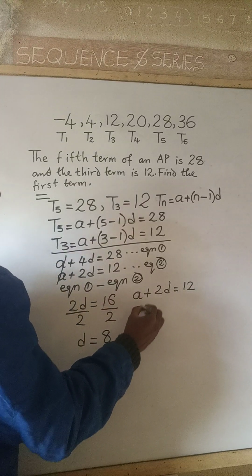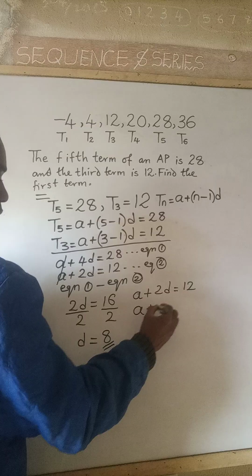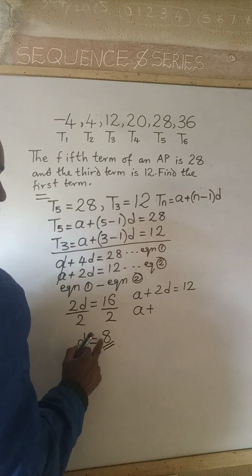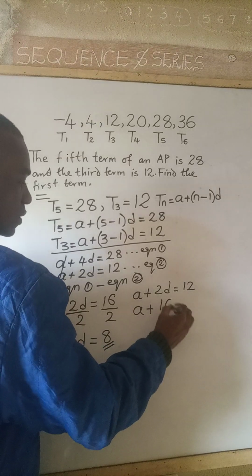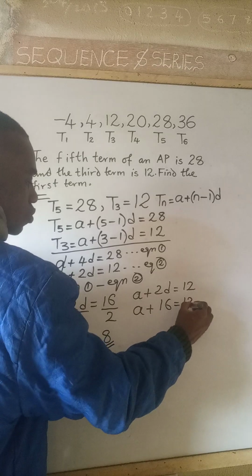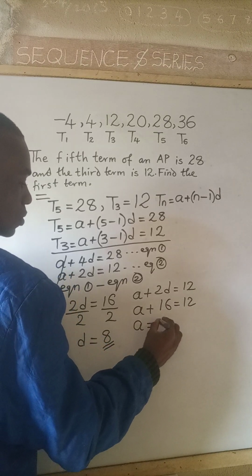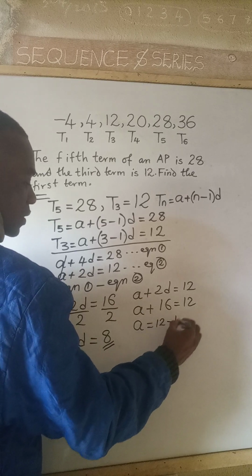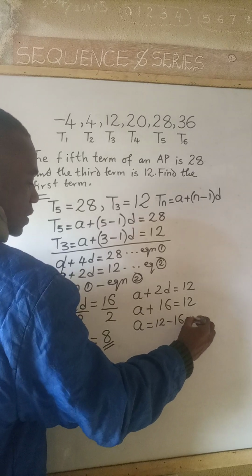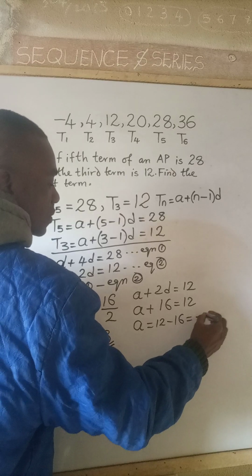Which is A plus 2 times 8, which gives us 16, is equal to 12. Therefore, A is equal to 12 minus 16, and 12 minus 16 will give us minus 4.